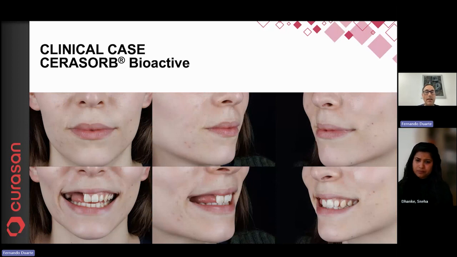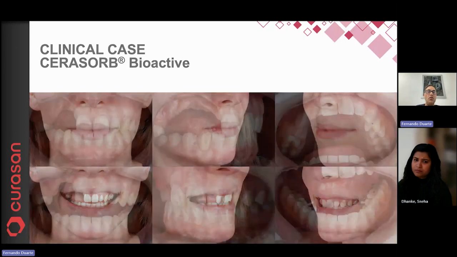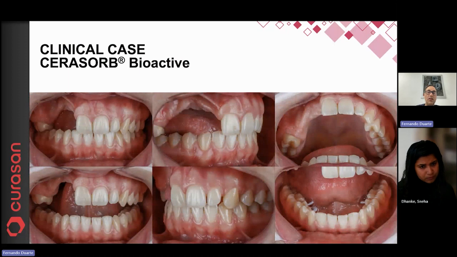And the worst scenario comes after these radiological images, because we not only have the bone defect, but also the soft tissue, as you can see here, which is completely stretched, and there was no keratinized mucosa anymore. And the patient, in her mind, of course, wants naturality.